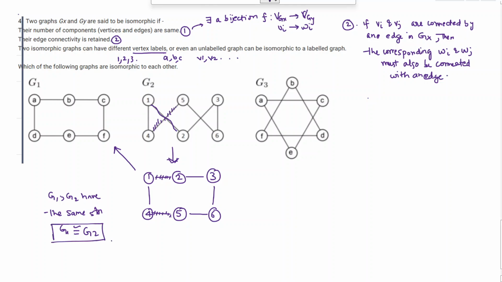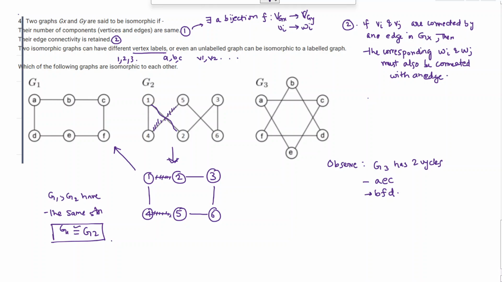Okay, what about G3? To see that G3 is not isomorphic to G1 or G2, what we have to observe is that G3 has a cycle. In fact, it has two cycles. What are the two cycles? One is AEC and the other one is BFD.